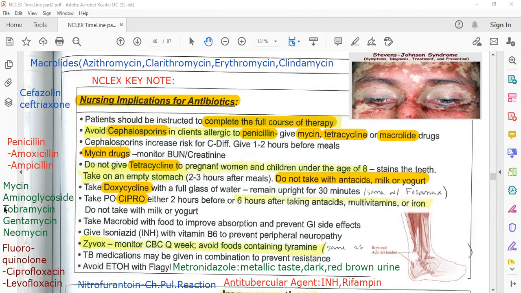First of all, the mycin drugs are very powerful antibiotics used to treat conditions like meningitis, infective endocarditis, septicemia, or a patient infected by Clostridium difficile.